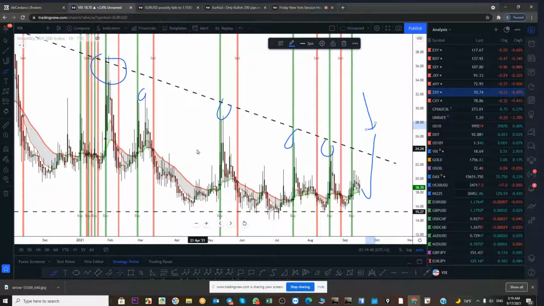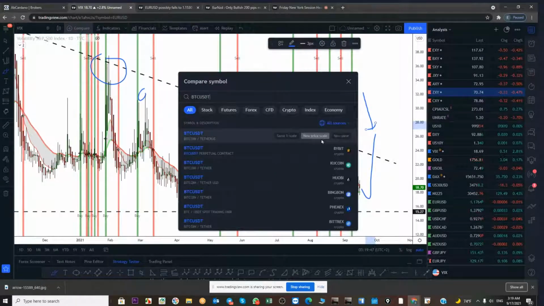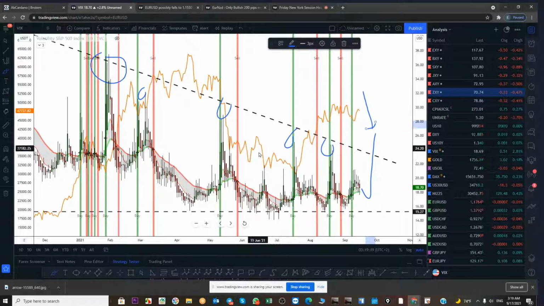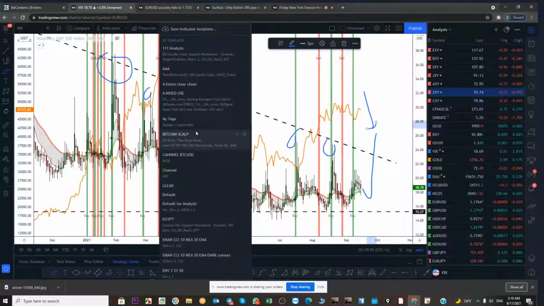but let's plot the Bitcoin also here, so we can compare and plot the BTC on the same chart. Let's use a different template, just clear.